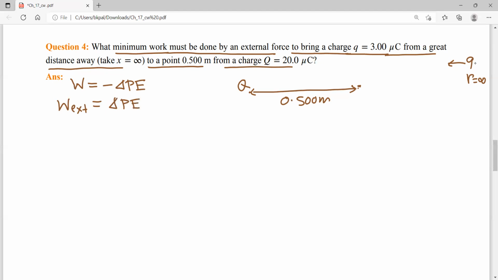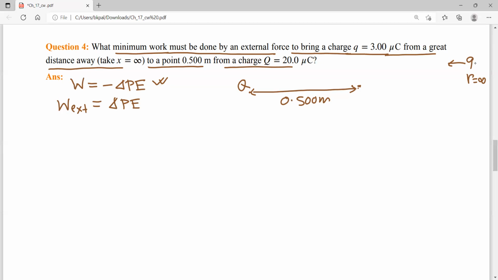In a similar way, when we derived this equation in lecture class, you can show that if you do external work, then the work done by the external force, Wx, is equal to delta PE.